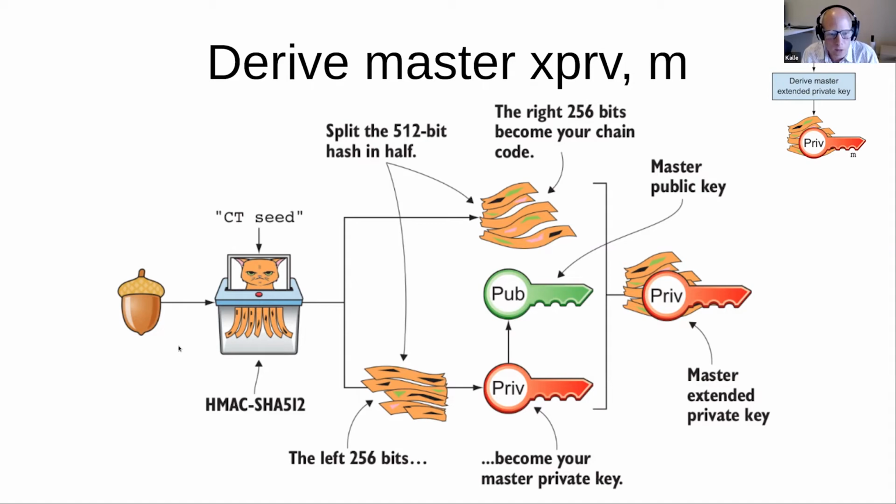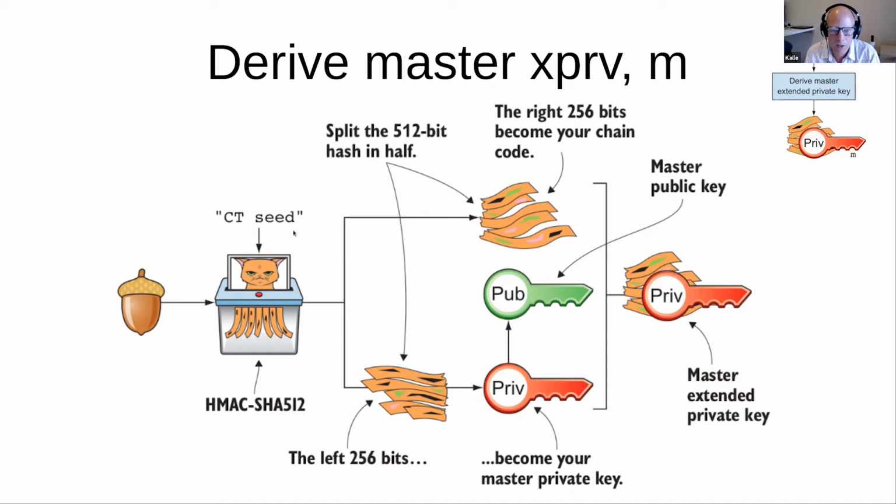So the first thing you do is hash the seed using something called HMAC SHA-512. This is basically like a normal cryptographic hash function, but it also takes something called a key. So it takes an input, which is the seed, and then it takes a key.